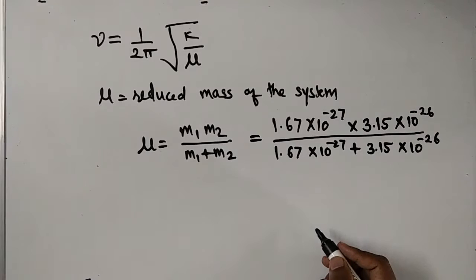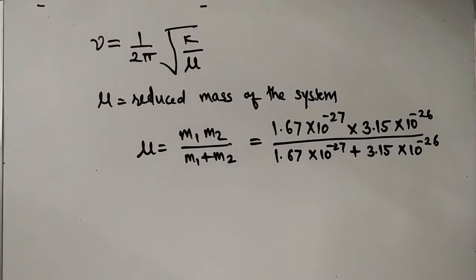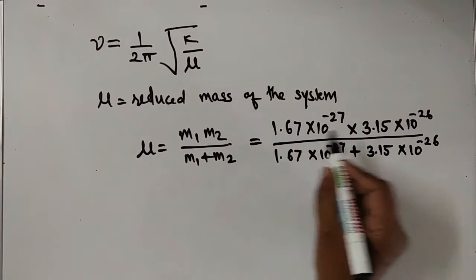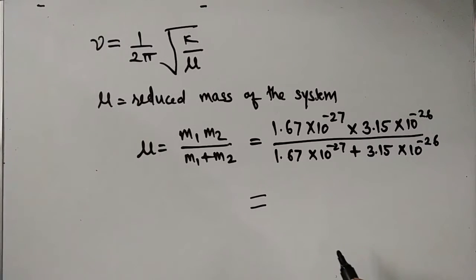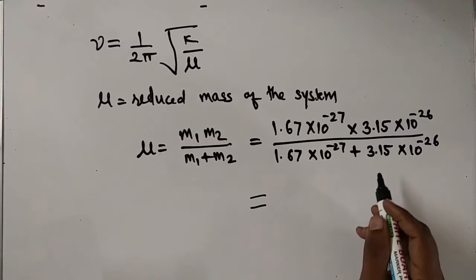So here the two masses are given. To solve this problem, let us calculate the terms in the numerator. In the numerator we have 1.67 into 3.15.